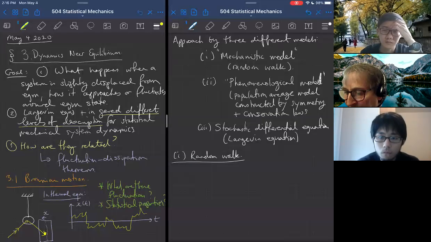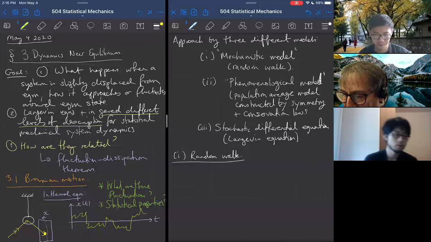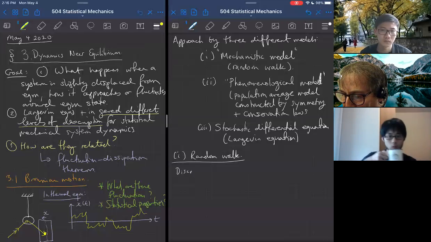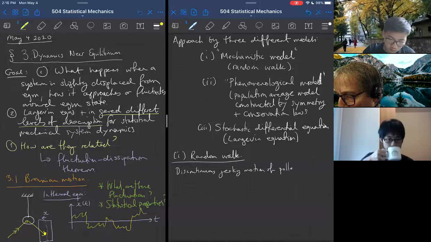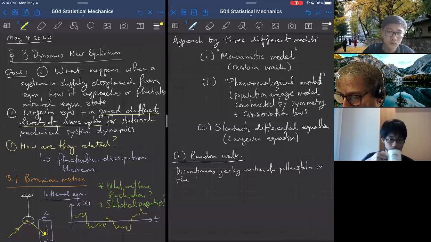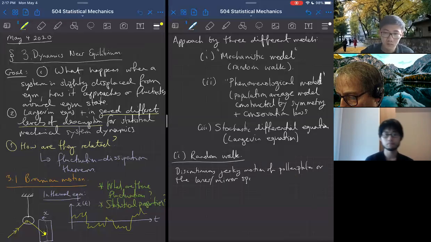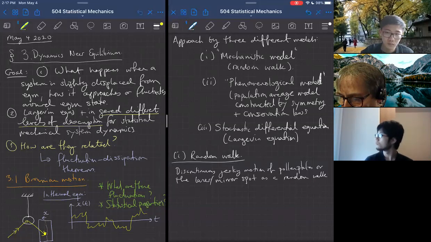And so we're going to model this sort of discontinuous, jerky motion of pollen particles, or the laser spot, as a random walk due to molecular impacts.